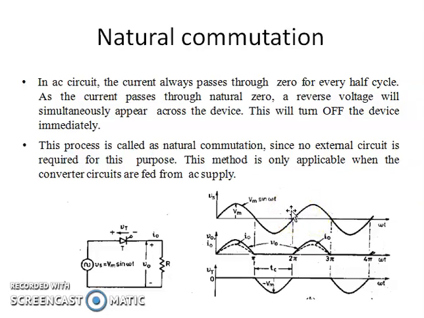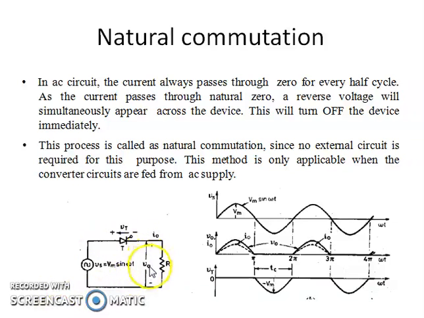Examples are a rectifier circuit, which is an AC to DC converter circuit, and an AC voltage controller circuit. The commutation happens naturally in a natural commutation circuit.